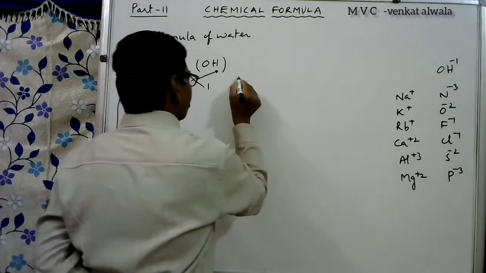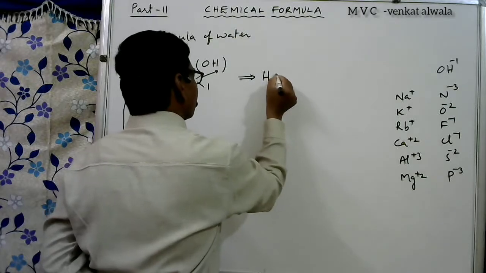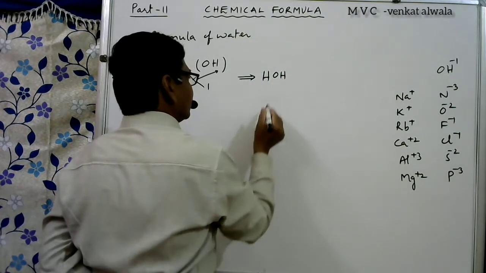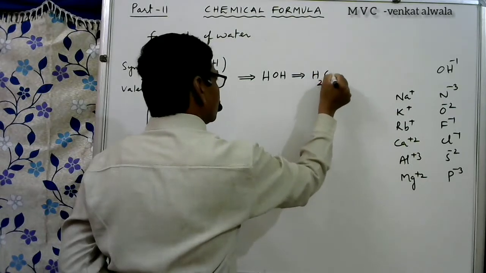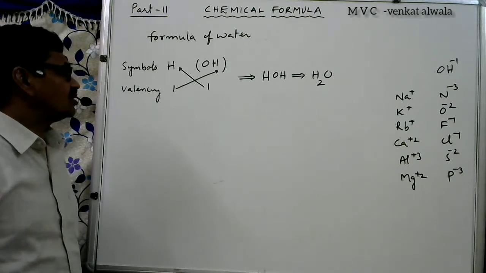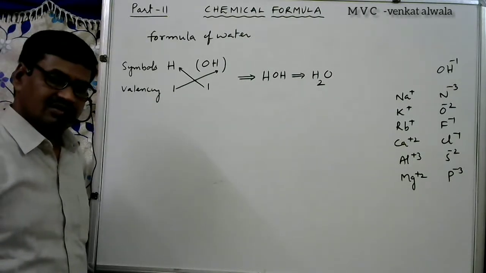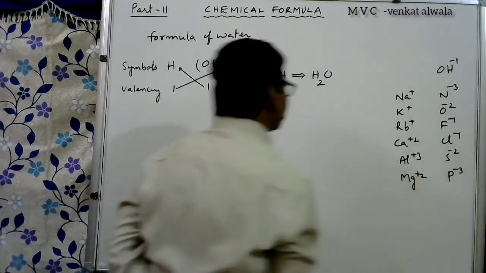So what is the formula now? H1 and OH1. Otherwise, two hydrogens are present, so we can write H2O: two hydrogens, one oxygen. Like this we can write the formula for water.